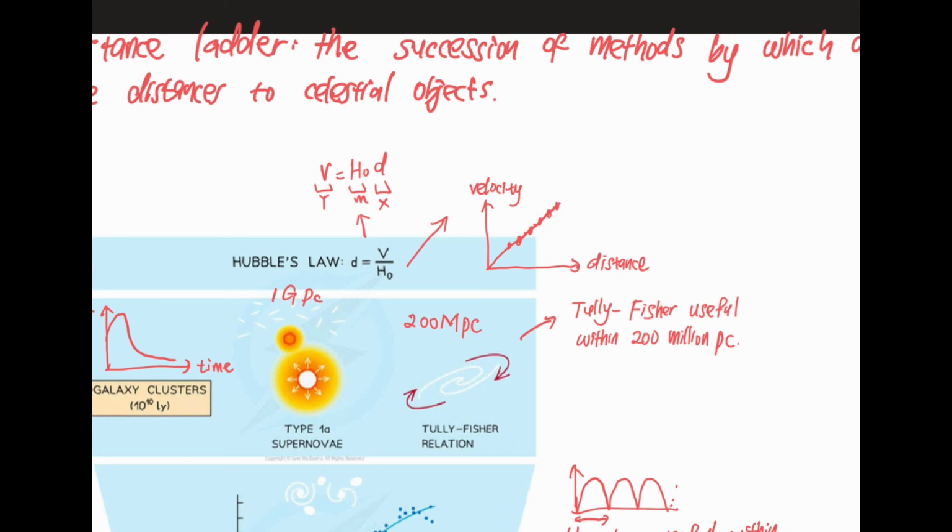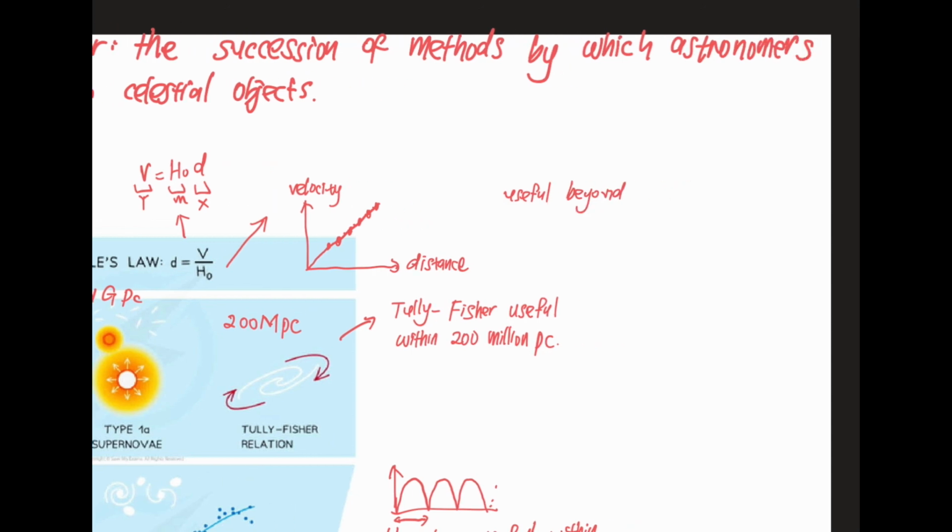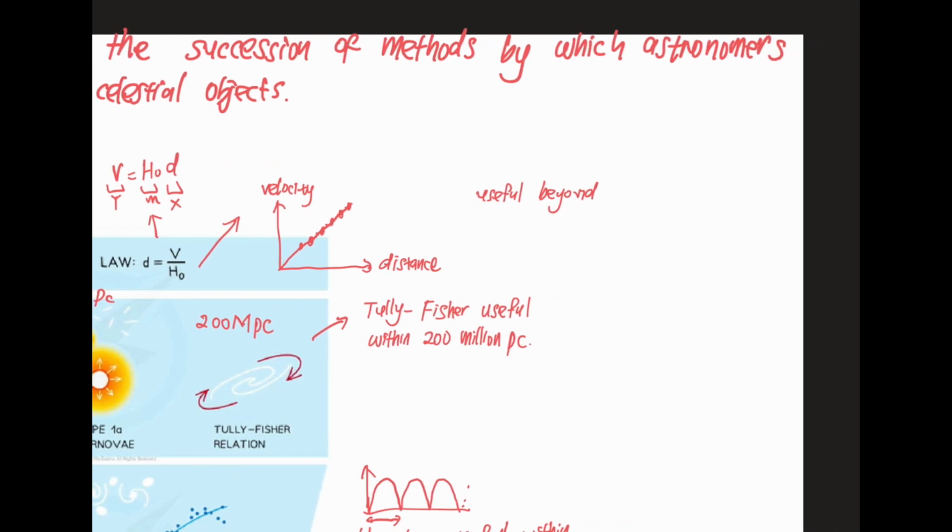Yeah, it's a new constant. Should be the Hubble constant if I'm not mistaken. So this method, the last method here, is useful, so far we claim, beyond 100 million PC.